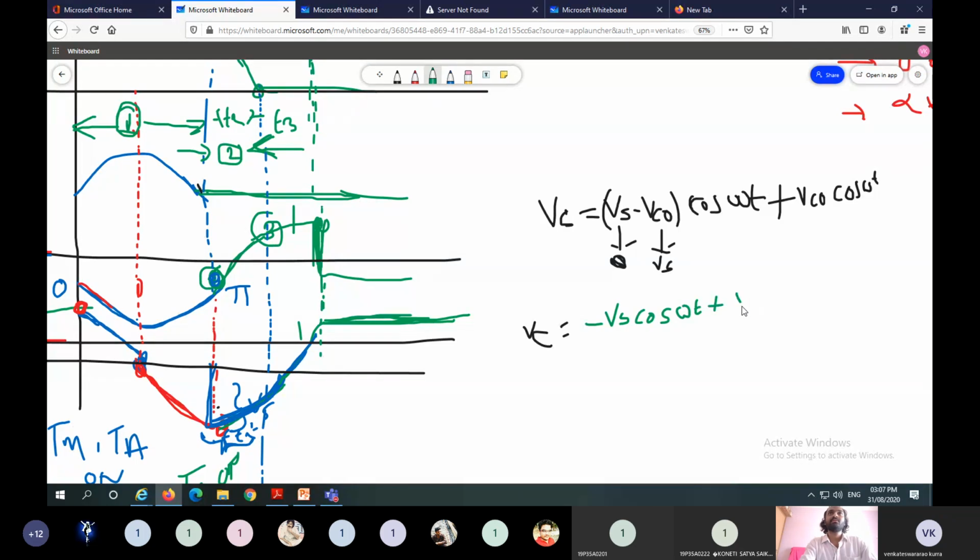So this one is also the voltage across the capacitor. The capacitor charges to a maximum voltage of Vs. So this one is negative voltage, which is minus Vs.